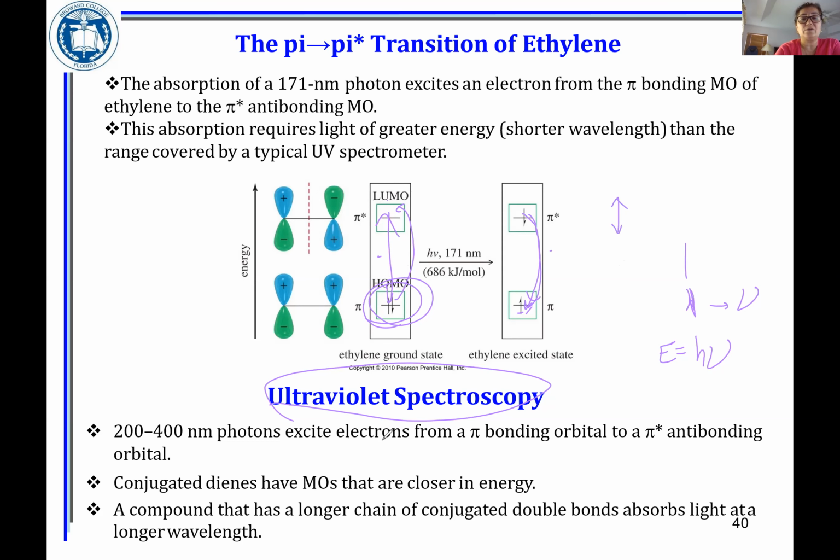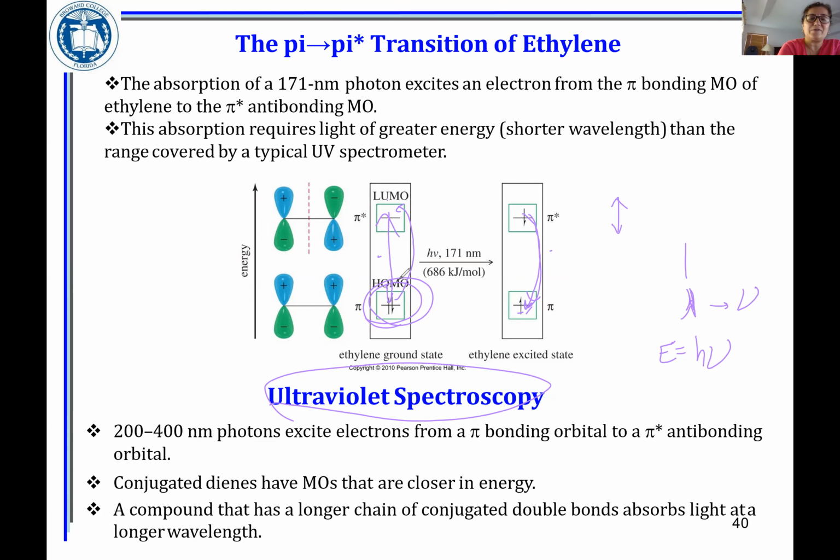So the larger the molecule, you get a longer wavelength, which is lower energy and more into the visible light region. The more pi bonds you have, the more that distance is lowered, so you get a lower energy difference and less energy needed to excite an electron.